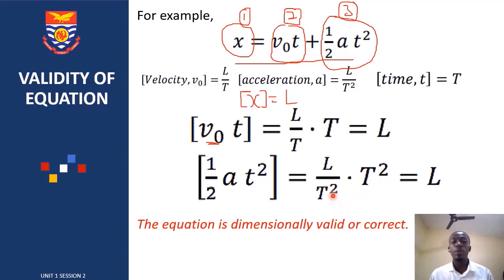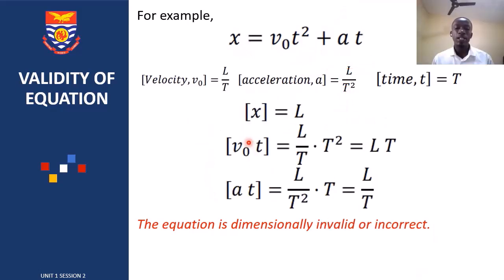So that our final dimension is going to be, the T squared is going to cancel out, and the final dimension for 1/2 at squared is going to be L. Let's forget about the 1/2 here because it's dimensionless. So from here, because we have term 1 to be L, term 2 to be L, and term 3 to be L, we say our equation is valid or correct.